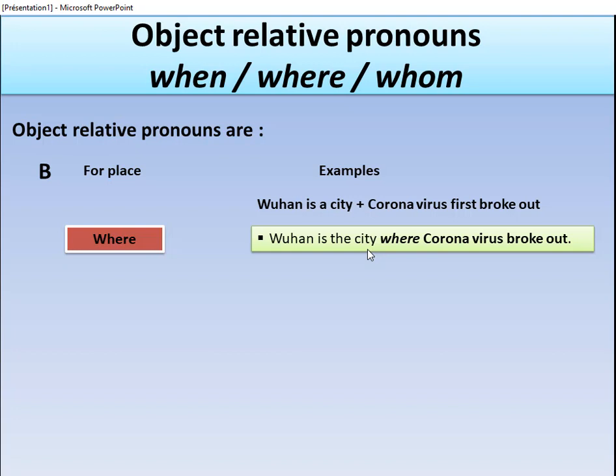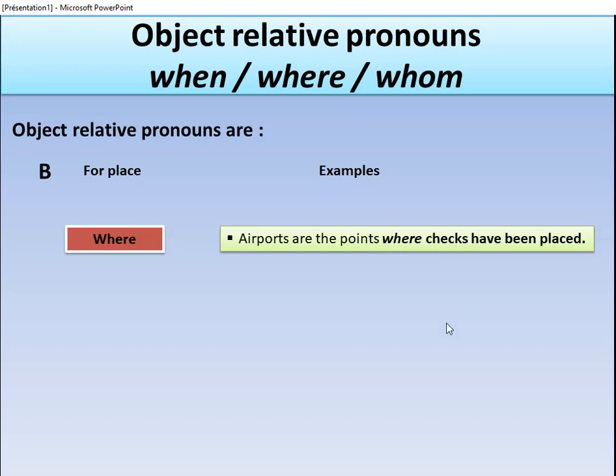We say Wuhan is the city where coronavirus broke out. Or another example: airports are points where checks have been placed. You know that nowadays, in all the airports, there are checks to check whether people are contaminated with the virus or not.